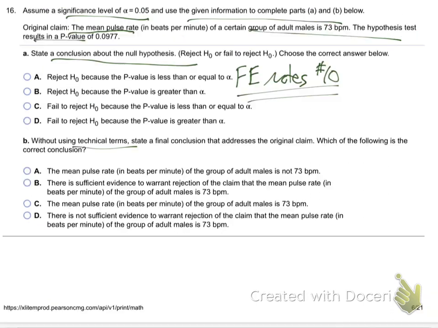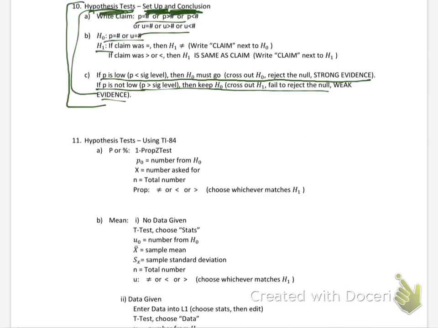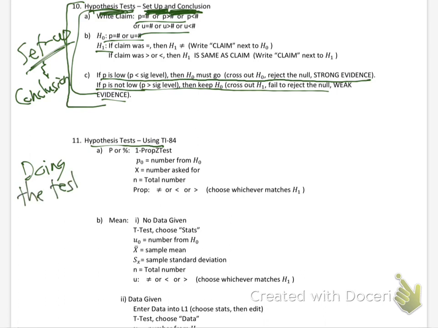Let's go to the notes. So hypothesis test. This is just setup up here. Number 10 is setup and conclusion, and then number 11 is actually doing the test with the calculation and everything. 11 shows you how to actually do the test on your calculator.